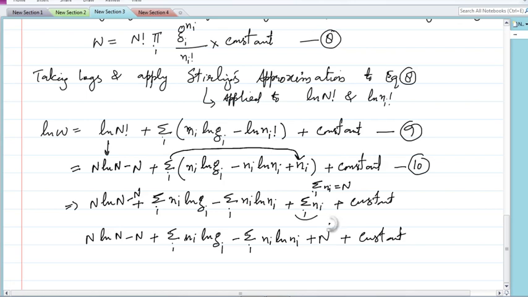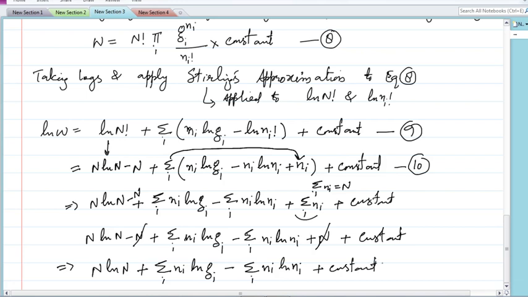So I was talking about this one, this n and this n will cancel. So I will get simply now this equation, n ln of n plus summation i ni ln of gi minus summation i ni ln of ni plus constant. So this will be equation number 11.